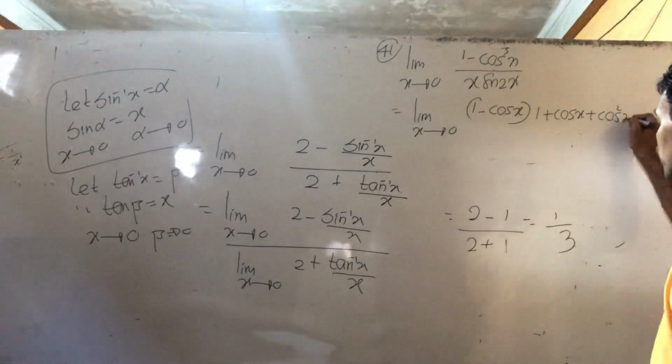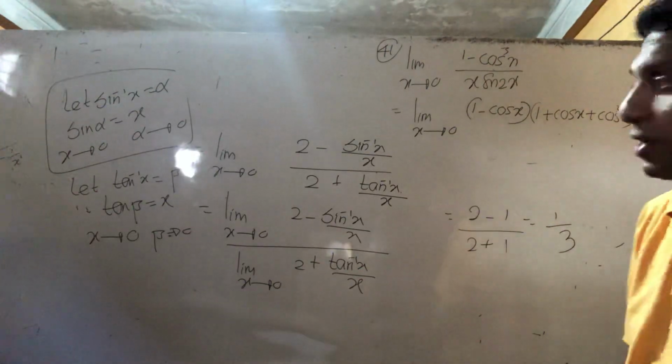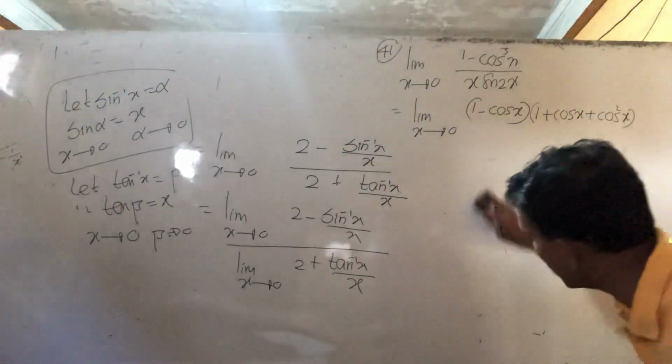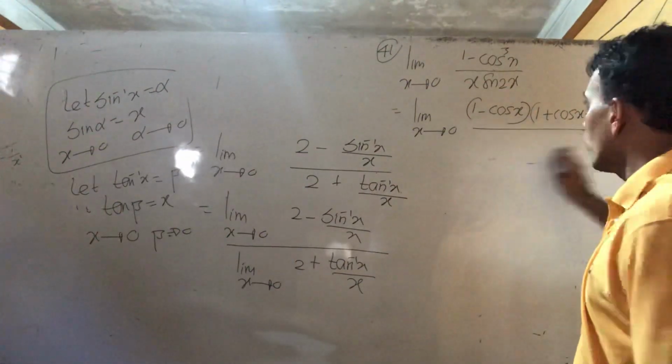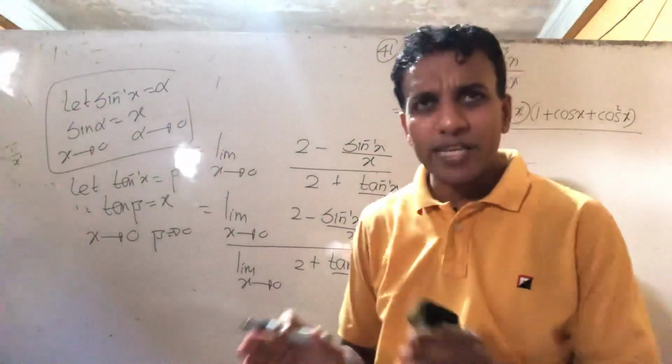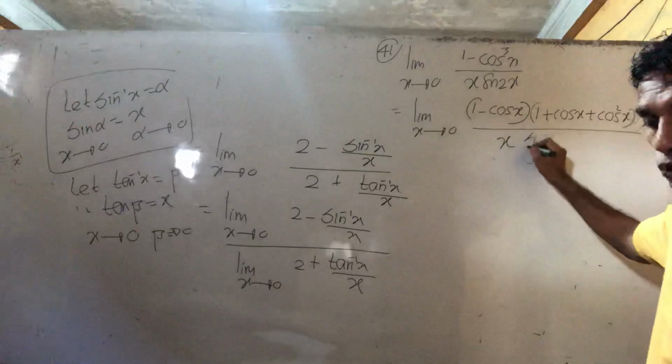This is not a limit theorem, this is the factorization idea, the a cube minus b cube pattern. Now for sine we have a limit theorem, so I'll keep it as it is: x sine 2x.